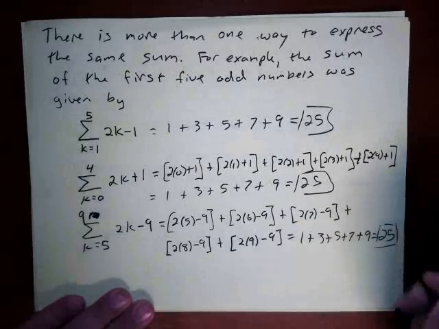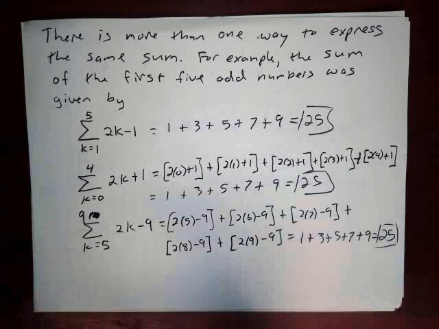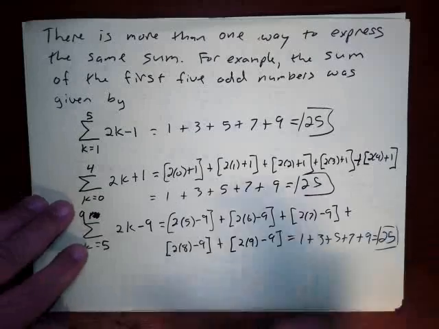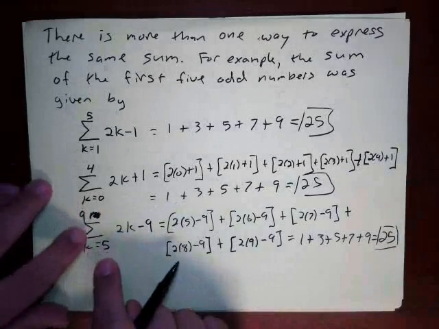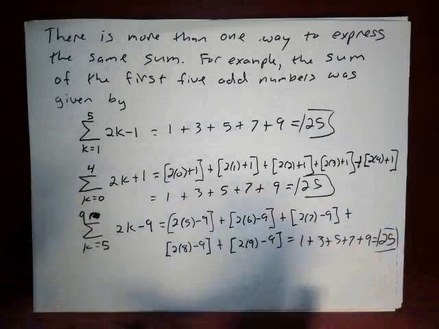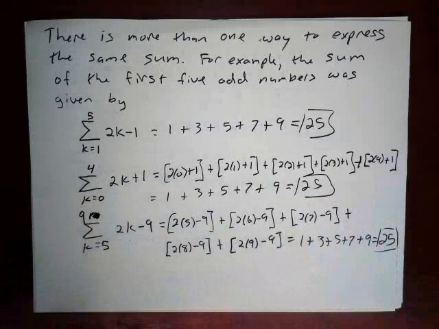So the point here is there's many ways of expressing the same sum. Okay, and in fact I think there's an infinite number of ways, because you can always change these and then adjust the formula. It's really similar to a horizontal shift in a graph.